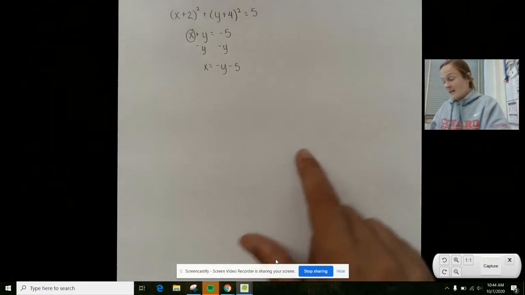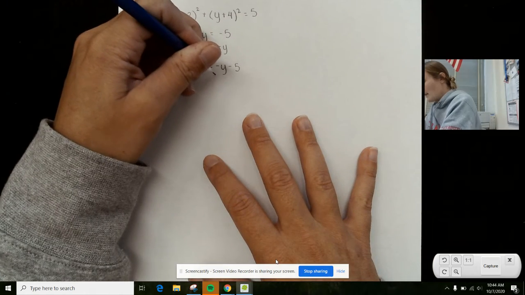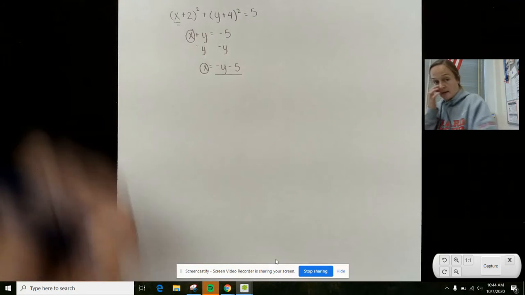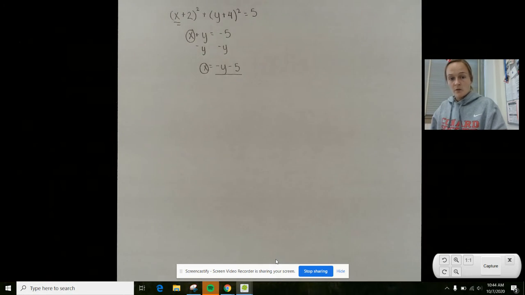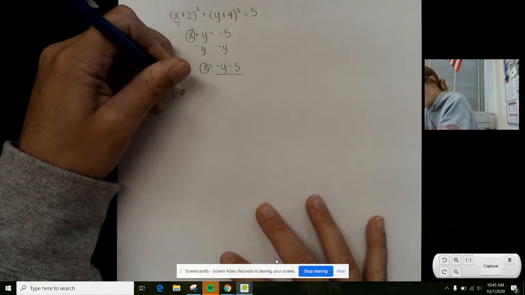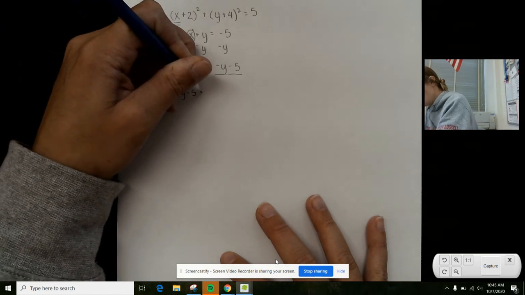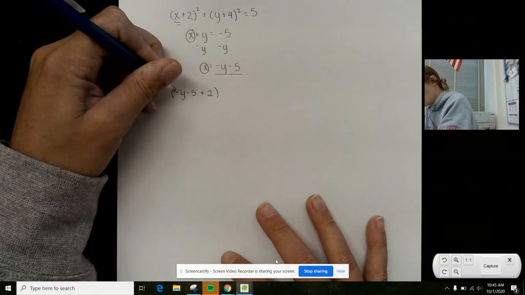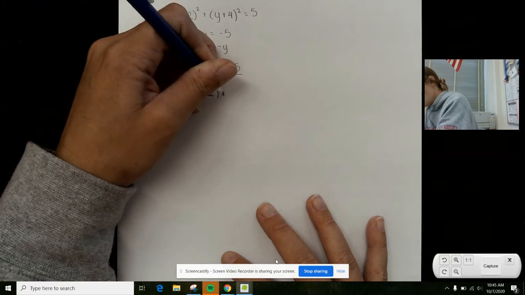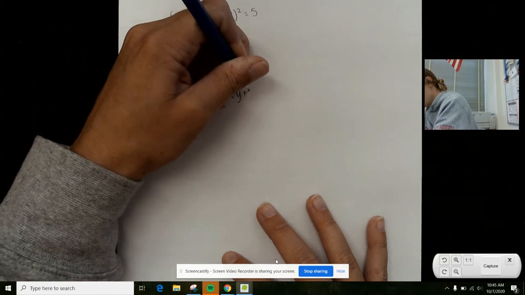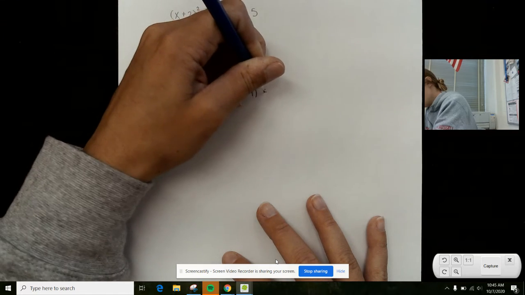Now I'm going to take that value, negative y minus 5, and plug it in for x in the top equation. So instead of x plus 2, I've got negative y minus 5 plus 2, and that's squared, plus (y plus 4) squared equals 5.